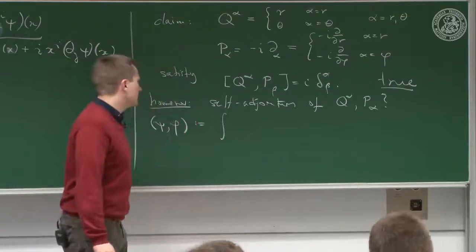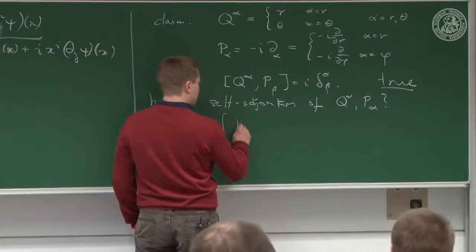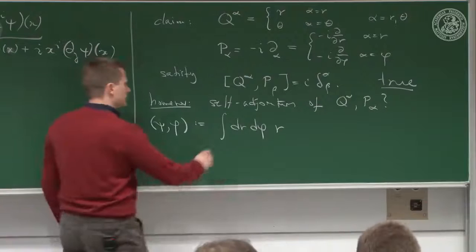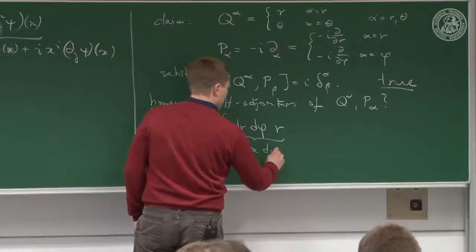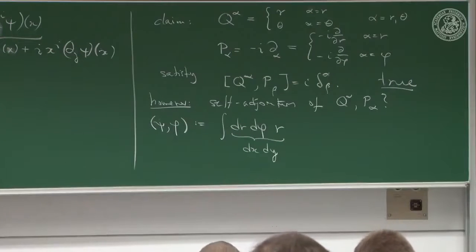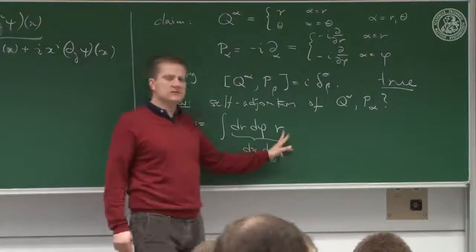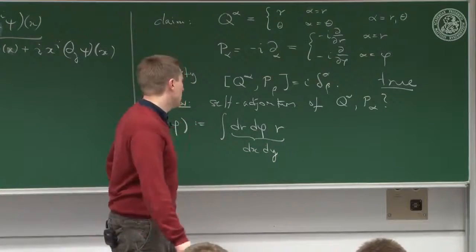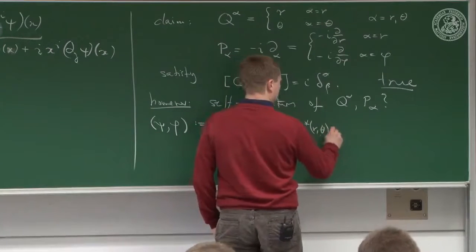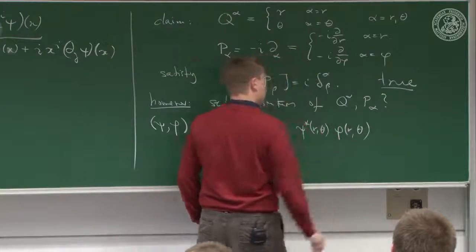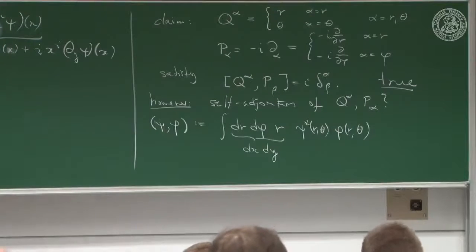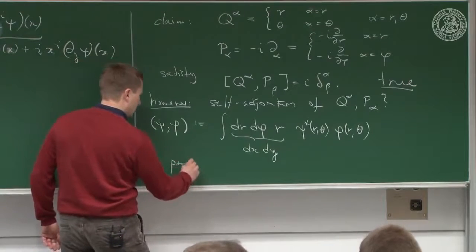If we now write down our two-dimensional integral, of course it's dr d phi times r, because this is the dx dy. Using the Jacobian of this coordinate transformation, we get this extra factor r. Then we have here a psi star that depends on r and theta, we have a phi that depends on r and theta, and this defines a proper inner product. So there is no problem with this guy.